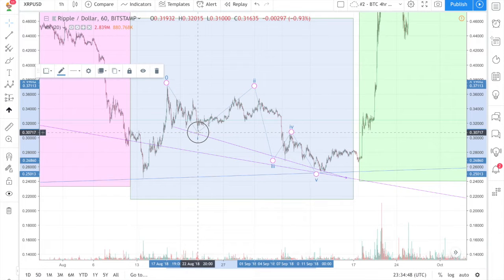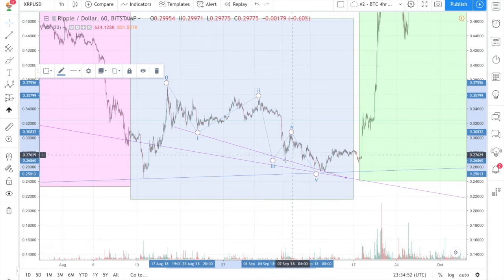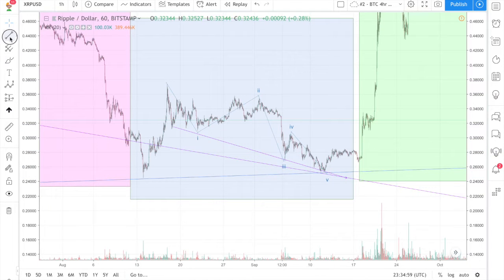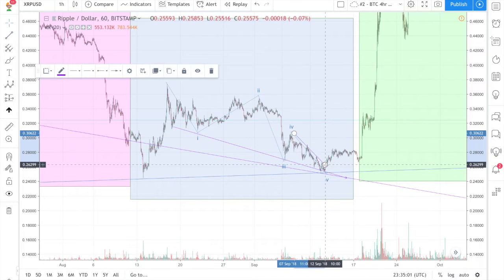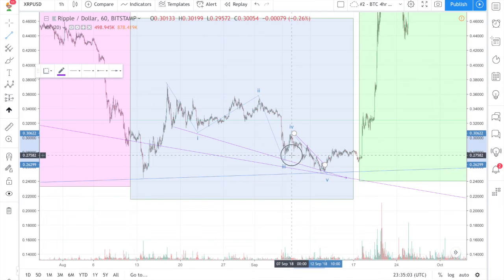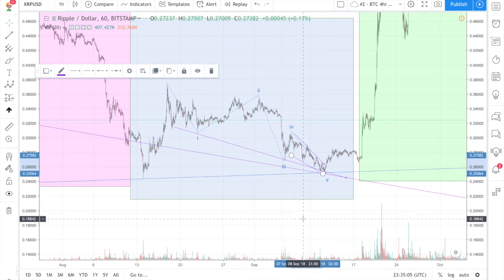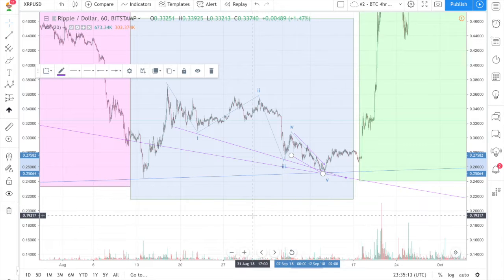So we might go somewhere there like that, and that, and that. Right, and this one at the bottom here, this looks like some kind of triangle coming down into here. Right, so that for our fifth wave was possibly an ending diagonal there before we got this last little bump up and then the next run.